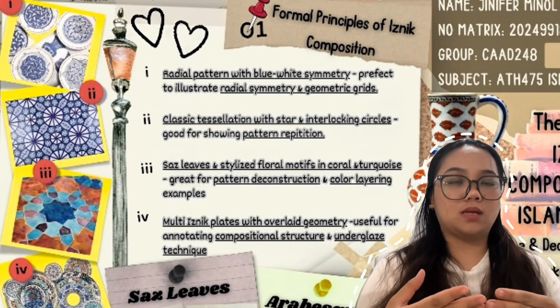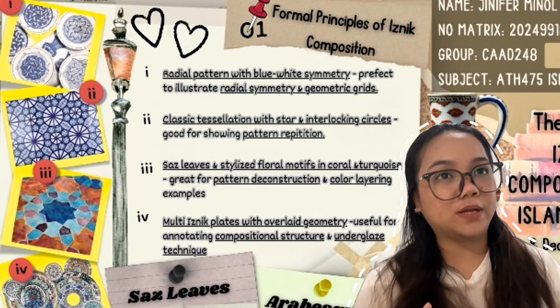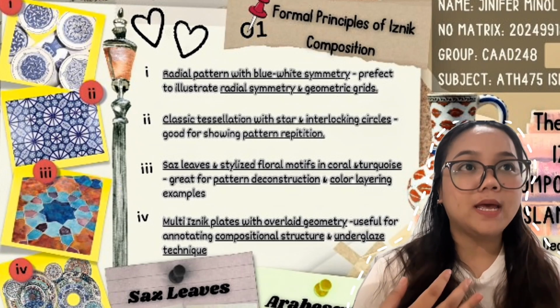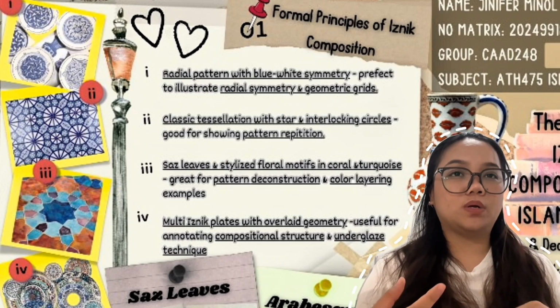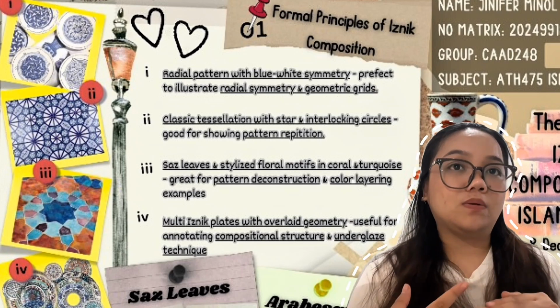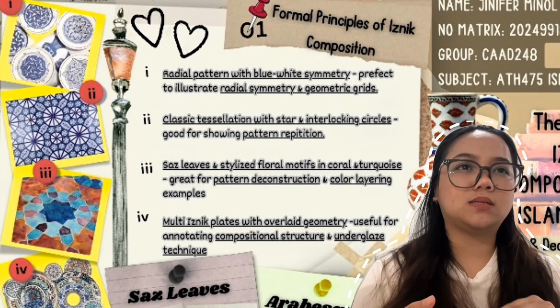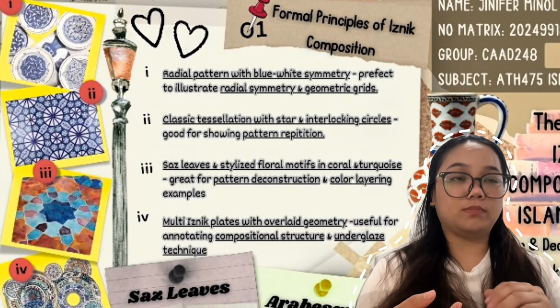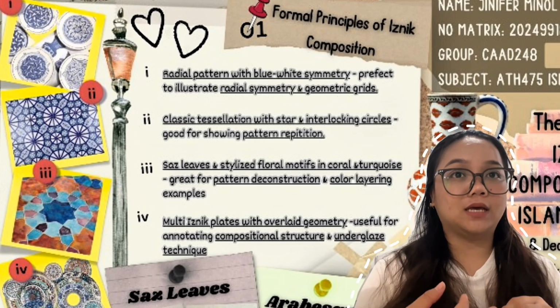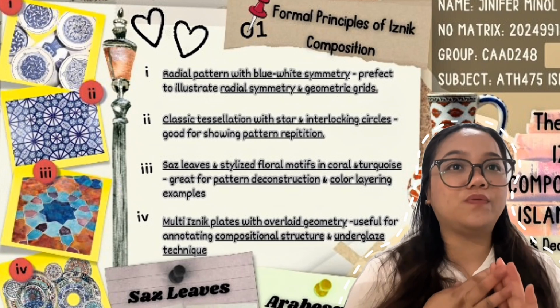I included examples of radial symmetry, where motifs radiate out from a central point, and mirror symmetry, where designs are reflected evenly on both sides. These symmetrical compositions are not only aesthetically pleasing, but also reflect spiritual concepts in Islamic art, like unity and divine perfection.